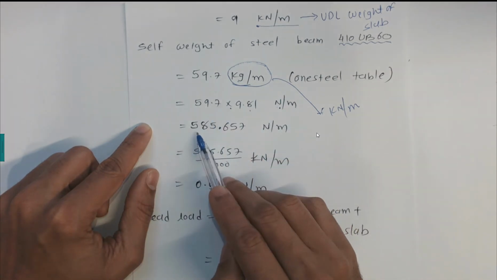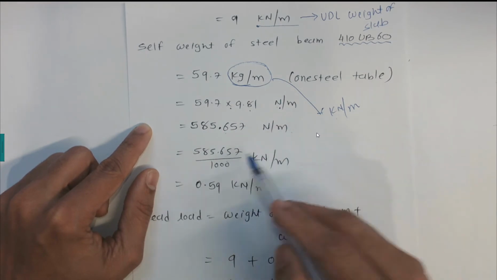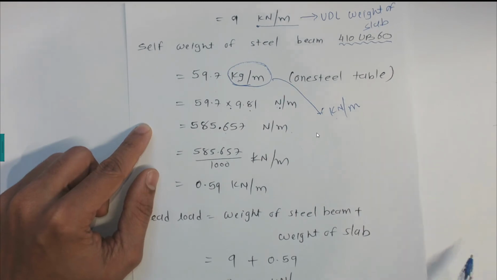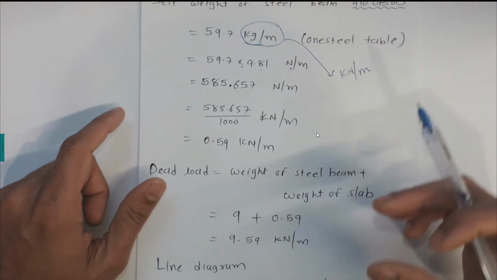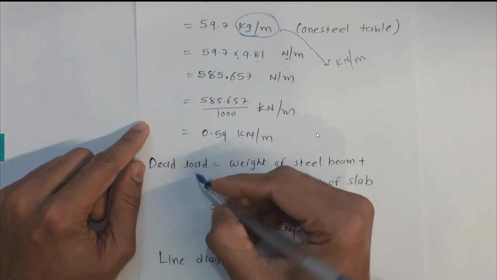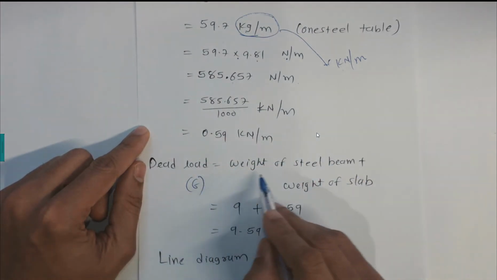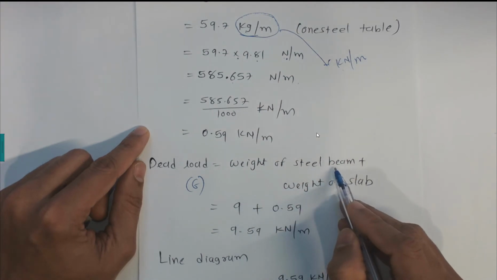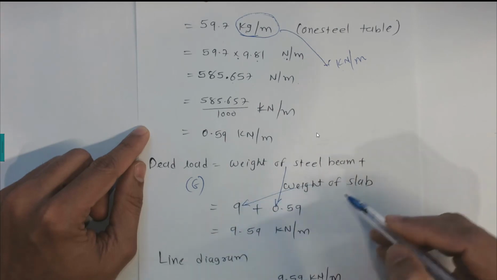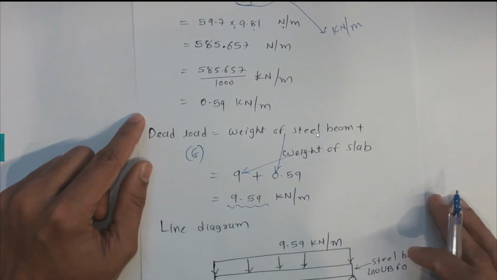That multiplication gives 585.6 newton per meter, and we need kilonewton, so we divide by 1000, which gives us 0.59 kilonewton per meter. Once we calculate the two weights in kilonewton per meter, we can find the final dead load G, equal to the weight of the steel beam, 0.59, plus the weight of the slab, 9 kilonewton per meter, so the final answer is 9.59 kilonewton per meter.